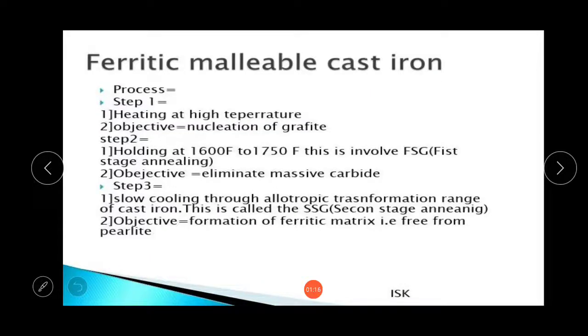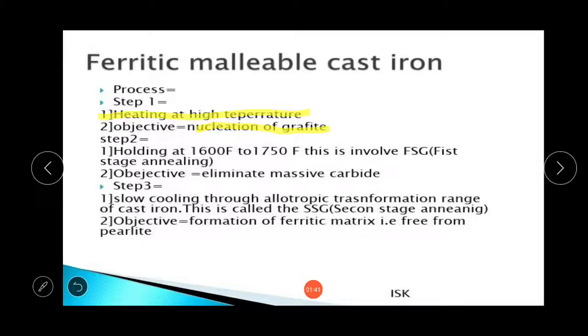Next, now we learn about ferritic malleable cast iron. The first step to form the ferritic malleable cast iron is heating at a high temperature, and the objective of this heating is nucleation of the graphite.